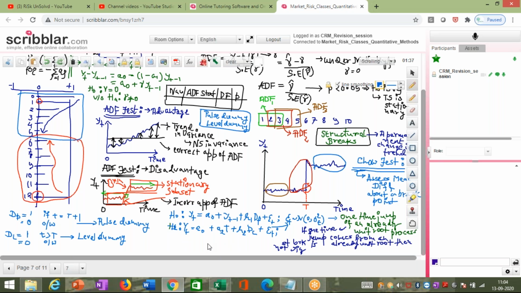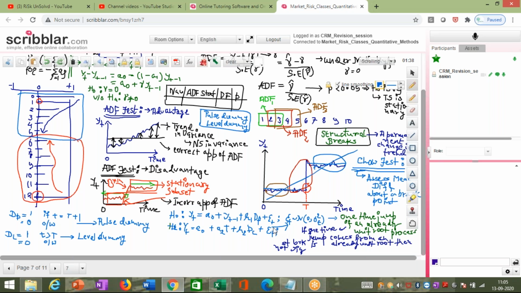Right. So now if this is a trend stationary process, let's say over here you can see that it's more or less a trend stationary process. You don't have any trend over here. So if there is a one-time jump in this stationary process, then it will be approximated by that linear line.